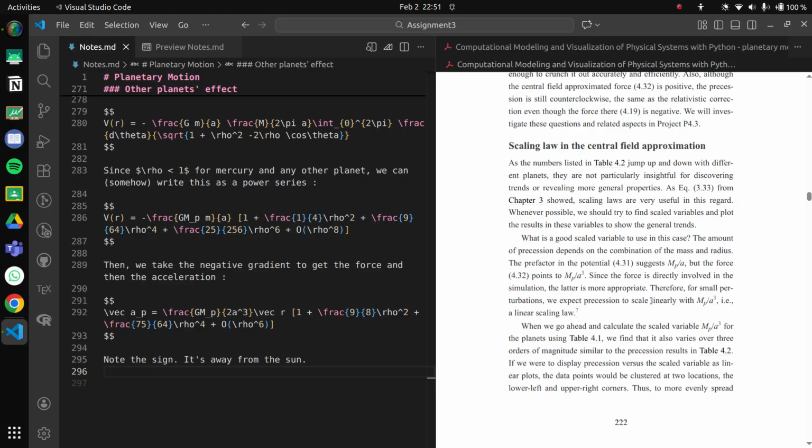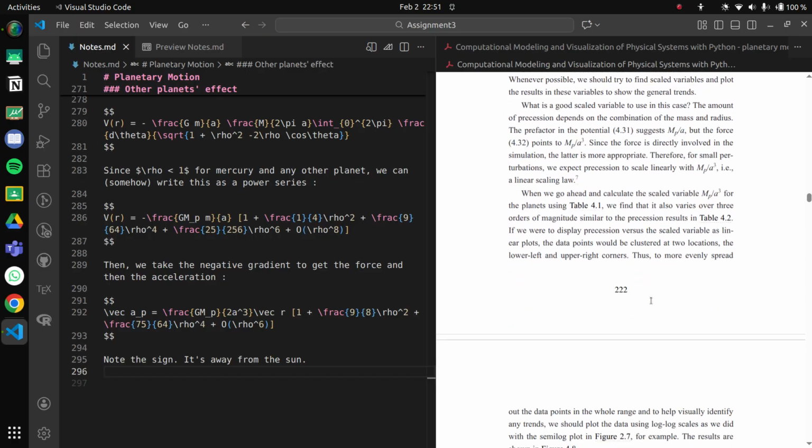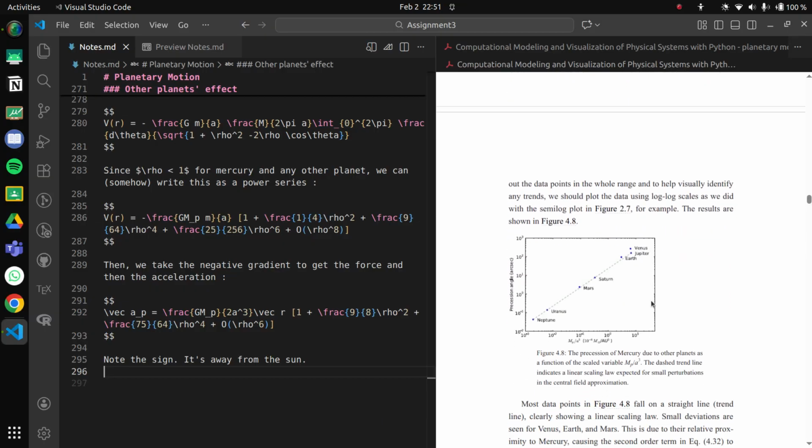So for small perturbations, we expect precision to scale linearly with mp by a cube. So a linear scaling law. Varies over 3 orders of magnitude, similar to the precision results in table 4.2. If you study precision versus the scale variable. Okay, so now they have the data.